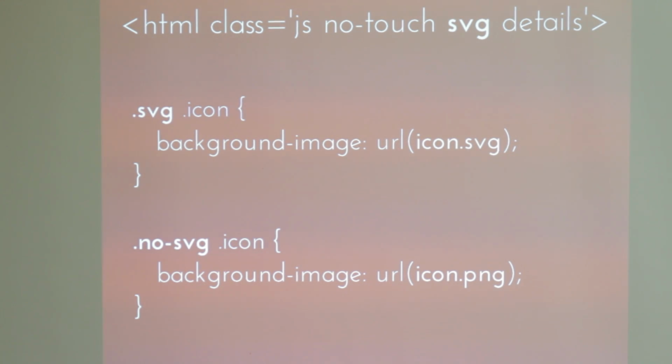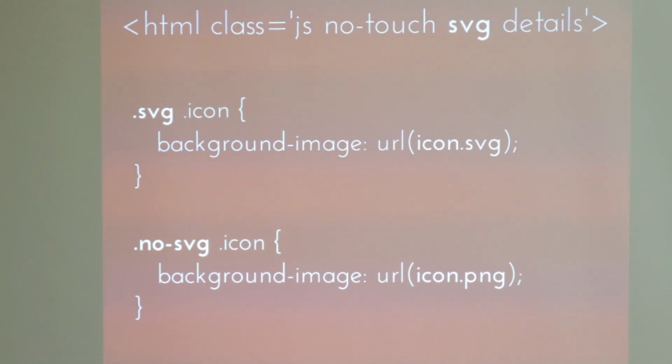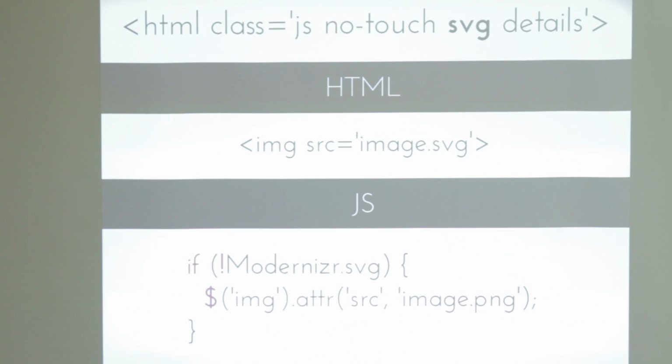Your main style is icon.svg, and then in the case where the browser doesn't support it, you have the no SVG class up top, and then it uses the other one instead. This one's easier to look at. You can say, oh, that one's yes, this one's no, but looking for maximum compatibility, which is what Modernizr provides, you may want to do it the second way I described it.